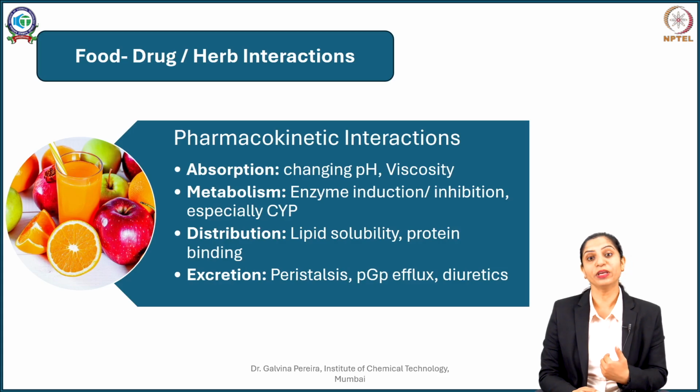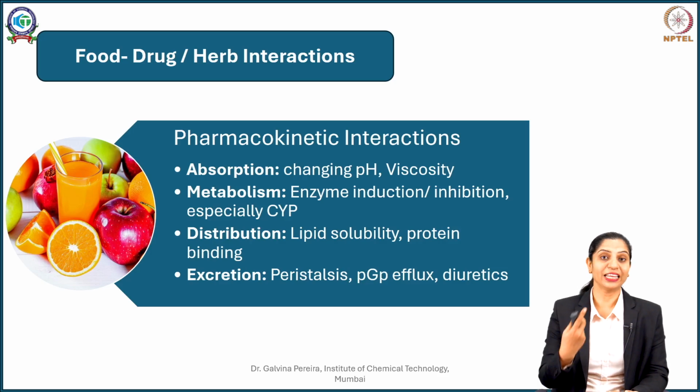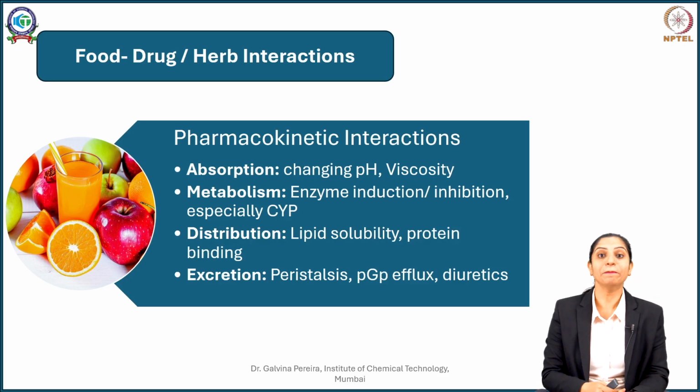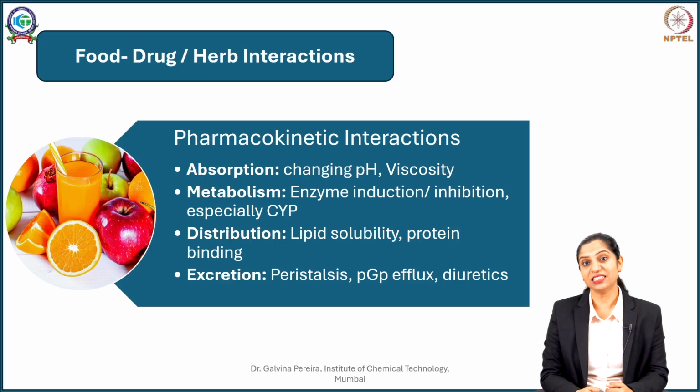Whenever we consume food, there is a definite change in the pH of your gut, especially the stomach. There is a change in viscosity, in the content, and if you are taking a lot of fluids, also in the volume of fluid in the stomach. This impacts the absorption of your drugs as well as your herbal medicine.